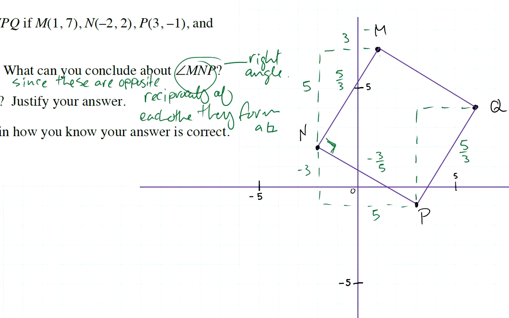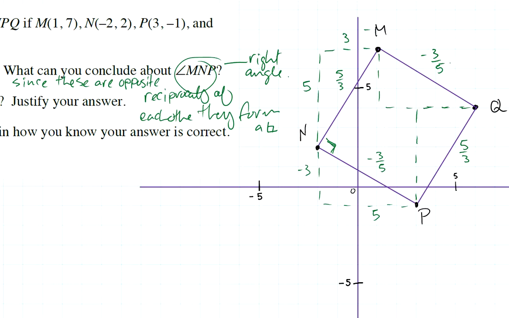And from M to Q, I've got a rise of negative 3 and a run of 5, so this one has a slope of negative 3/5. So I have two pairs of opposite sides that are parallel. So definitely this is at least a parallelogram, and it is a parallelogram with one right angle in it.